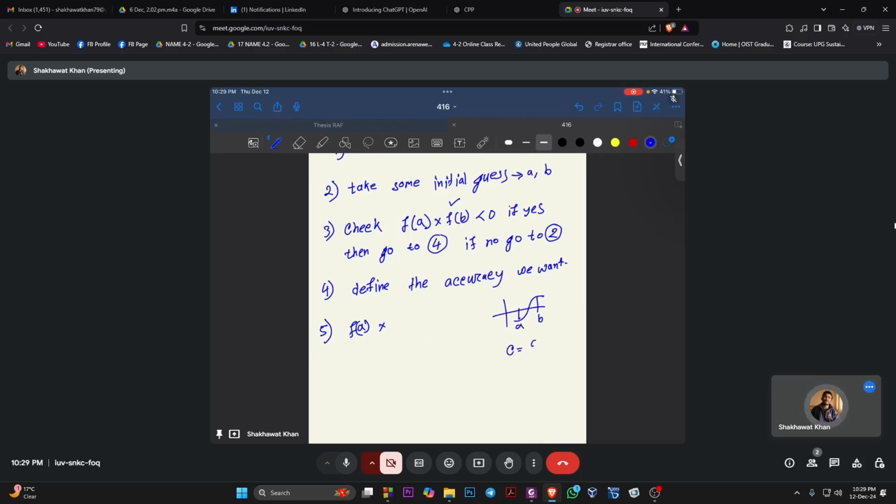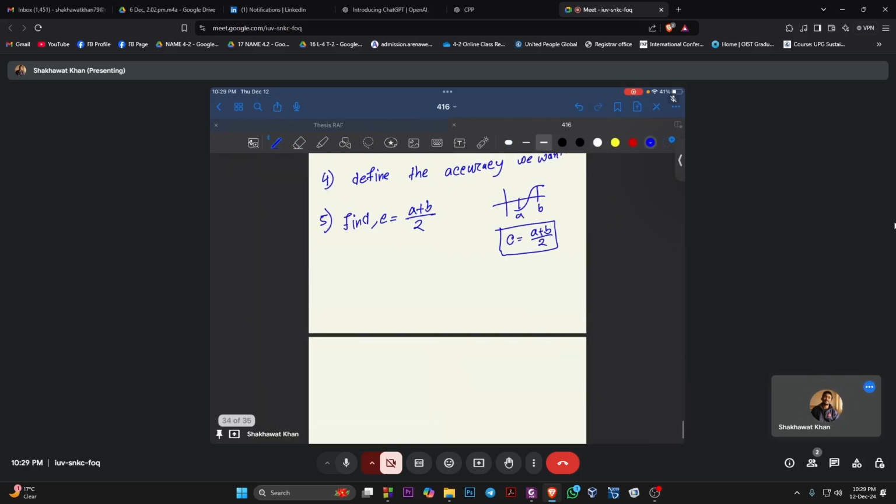That c value would be a plus b by 2. So we will just get the average value, find c equal to a plus b by 2.